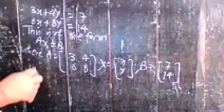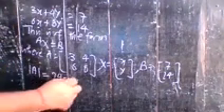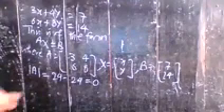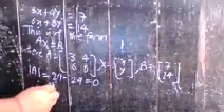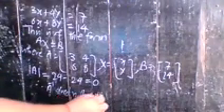Now you find the determinant of A. You have 24 minus 24, which is 0. So you can say A inverse does not exist.